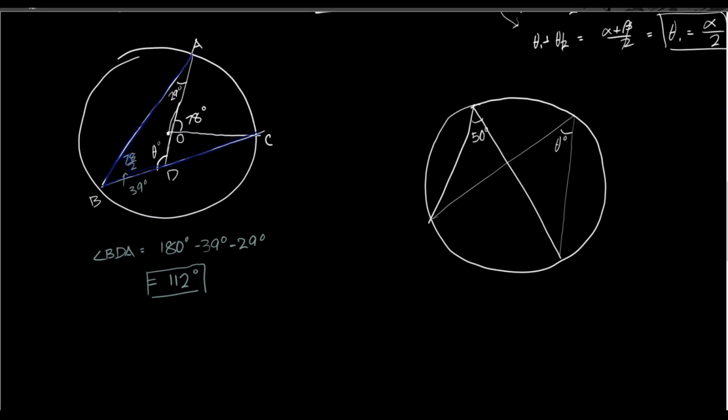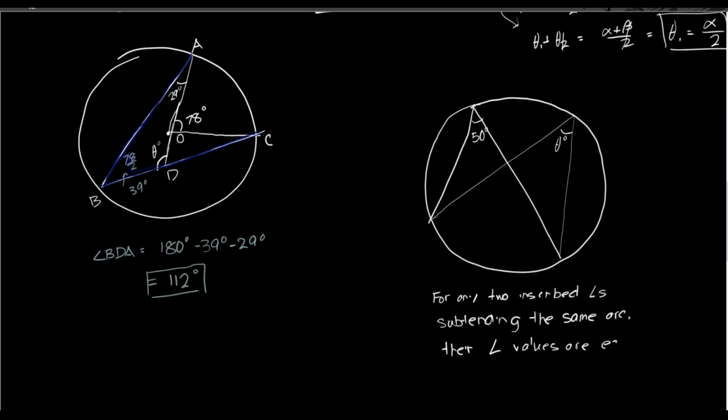Well, our inscribed angle theorem tells us that for any two inscribed angles subtending the same arc, their angle values are equal.